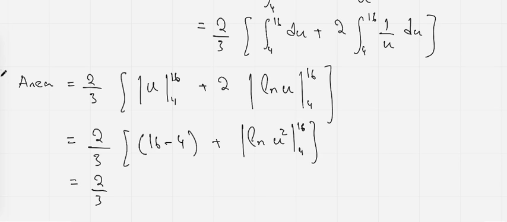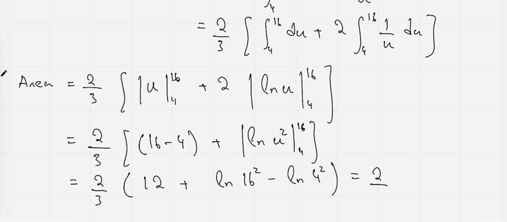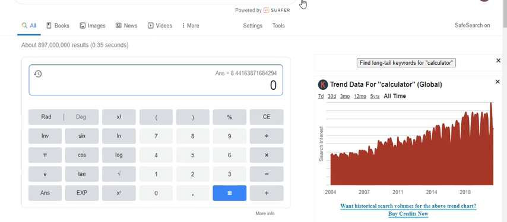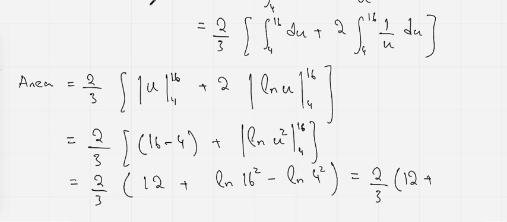Some nice relevant steps, and it's going to be 12 plus ln of 16 squared minus ln of 4 squared. Now we're getting closer. 2 upon 3, 12 plus ln of 256 minus ln of 16. It is giving me 2.77 approximately.